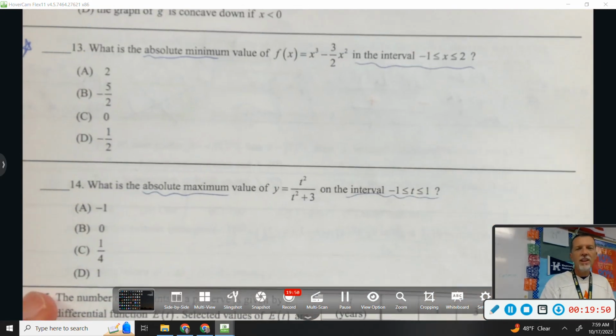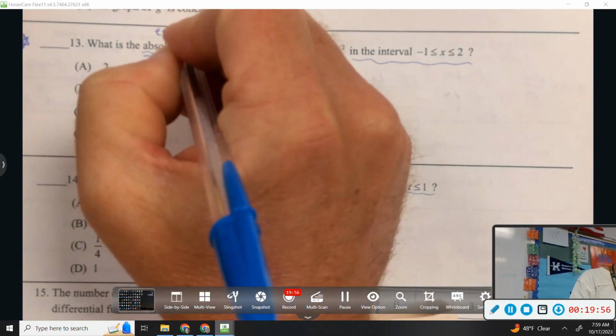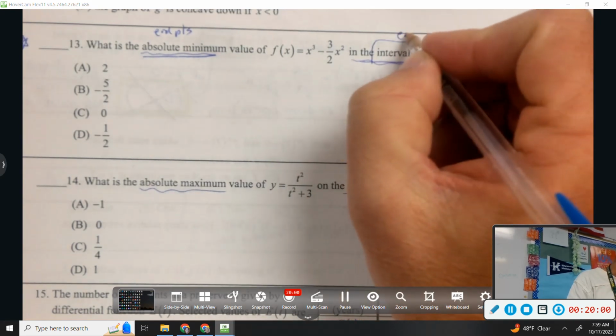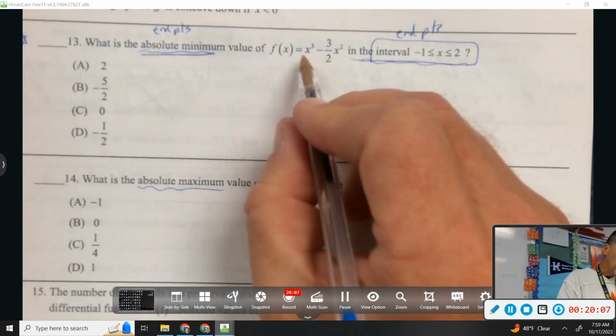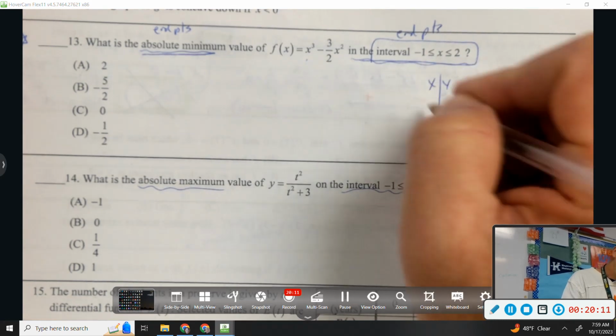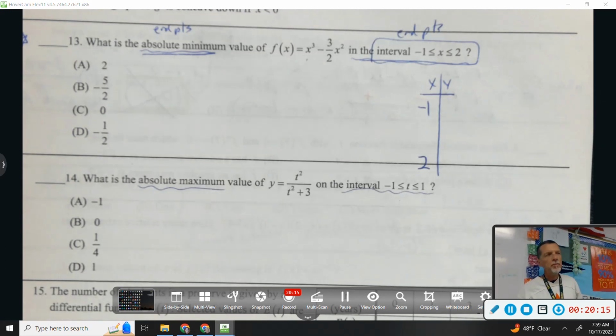Alright, Ian, on to the one you asked earlier. Number 13. Absolute minimum, that is sort of a red flag to check the endpoints. On an interval, that's kind of a red flag to check the endpoints as well. So let's do a derivative to find the critical points, but then we also need to check our endpoints.